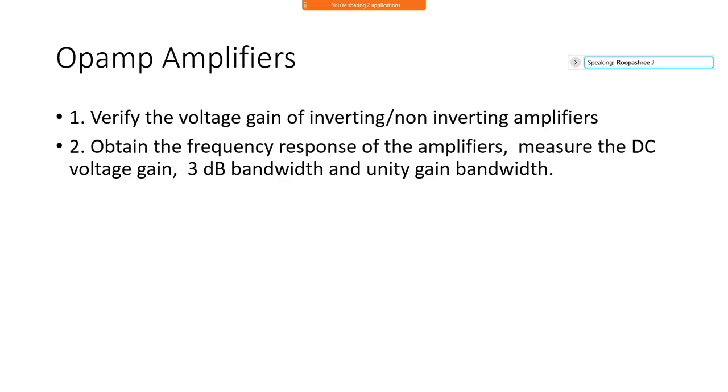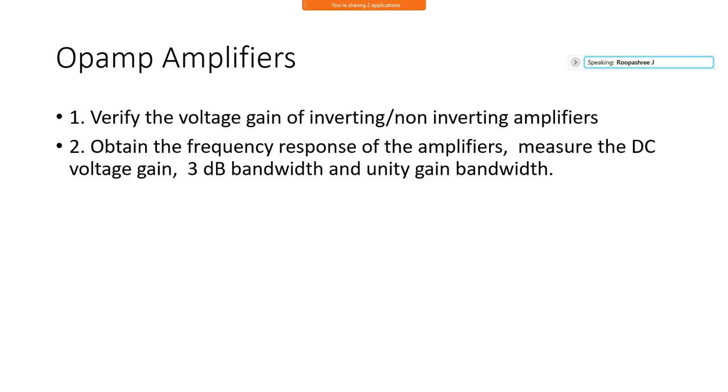And then how do you obtain the frequency response of the amplifier? Measure the DC voltage gain, the 3 dB bandwidth and the unity gain bandwidth. What do you mean by this DC gain? Normal voltage gain.